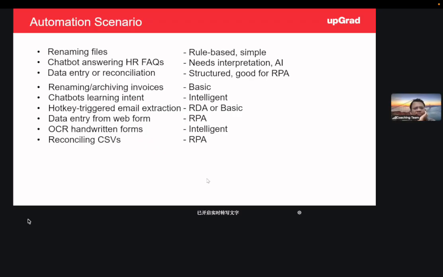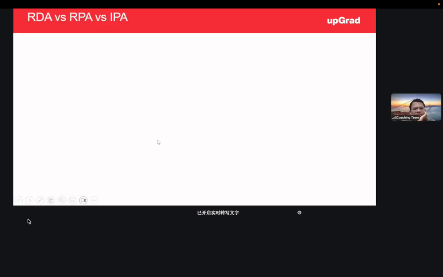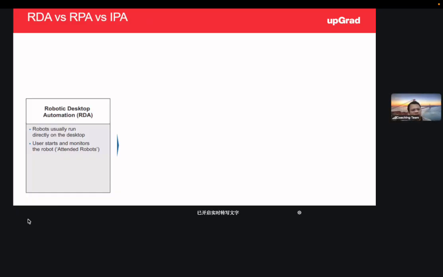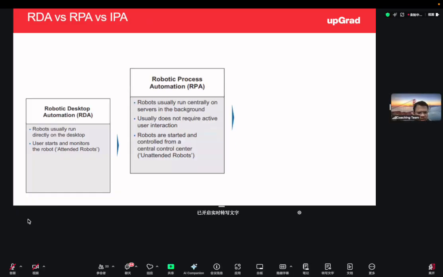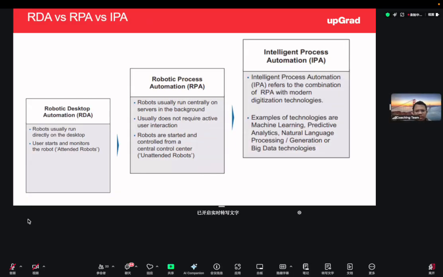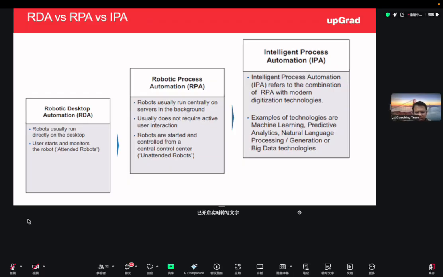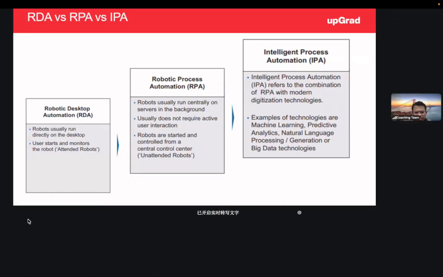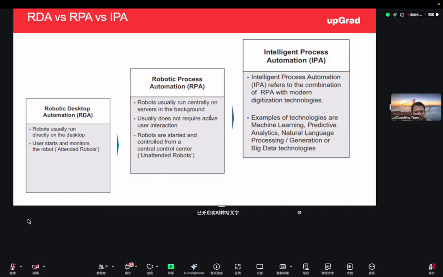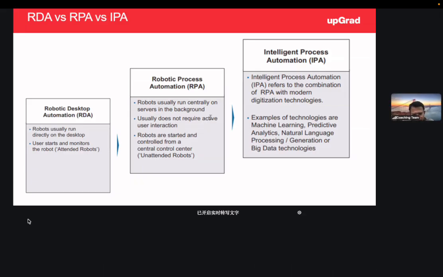All right. So next, the difference between RPA, RDA, and their examples. This we have already seen, but just to make sure, again, to complete the chain. Basic means RDA, remote desktop automation, where simple macros and simple workflows are used.